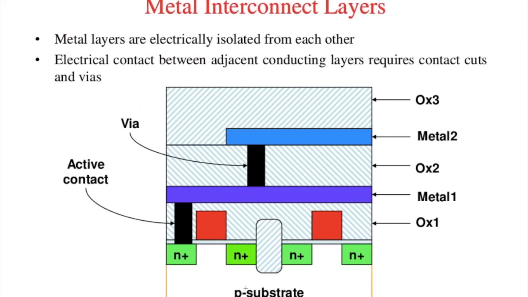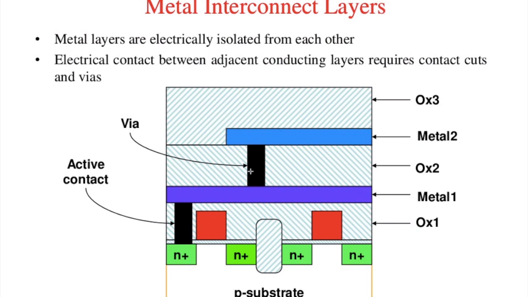So here is the one. P substrate, after that diffusion, and this poly, and then metal layers, metal 1 and metal 2. If we need to connect metal 1 and metal 2, we will use via contacts. So we will connect it like this.